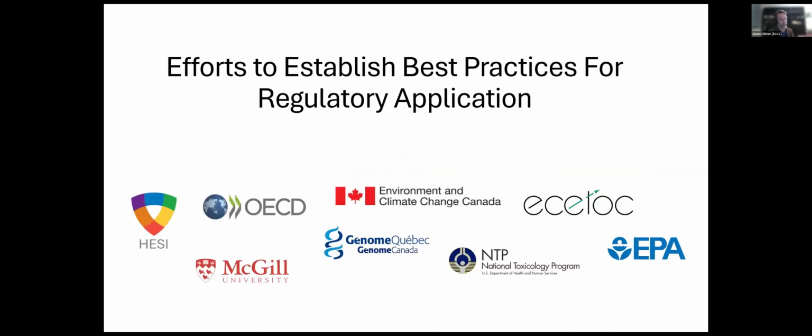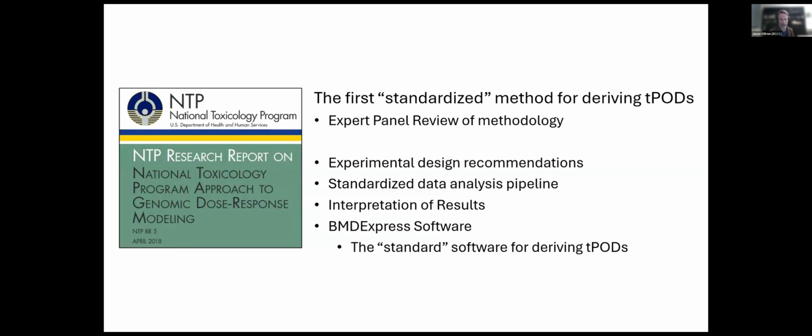And so because this evidence is suggesting that this might have regulatory applications, quantitative risk assessment, there's been a lot of efforts to establish best practices to enable use of this in a regulatory setting. One of the first groups to do this was the U.S. National Toxicology Program, where they published their approach for genomic dose response modeling in 2018.